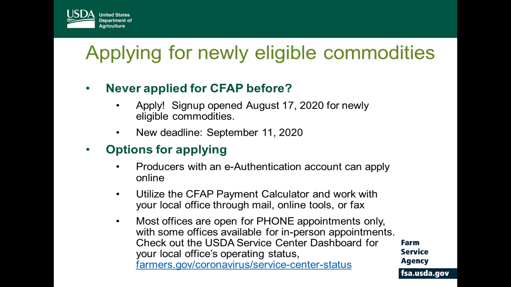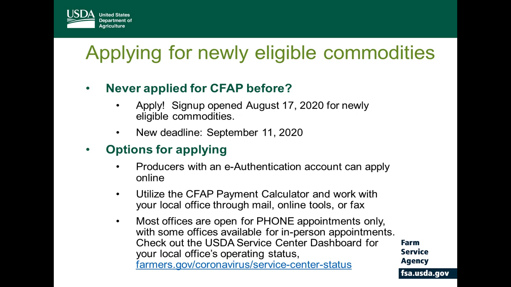But for right now, to participate in the program, you do not have to have a farm number. So we encourage you to apply, have your members and producers apply. Again, that deadline has been extended until September 11th.